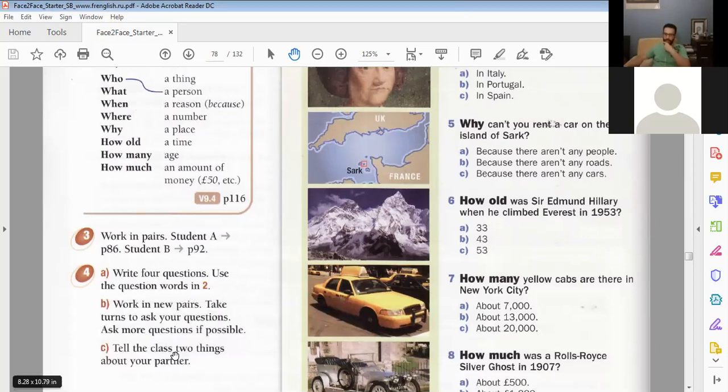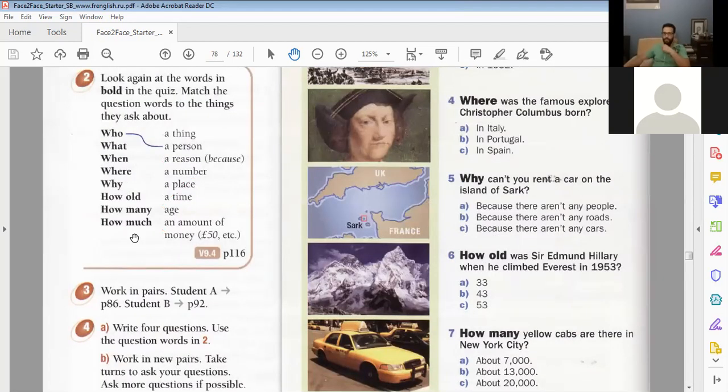We want to use these questions. I want you, Basma, to think of 4 questions. You can use any of these questions, and I want you to ask these questions to Manal, okay? Can you do that, Basma?